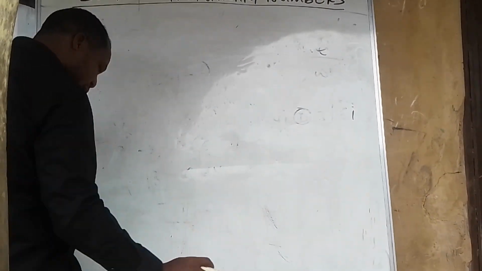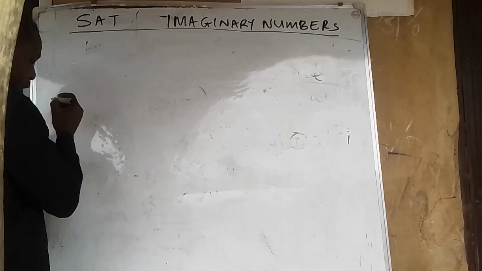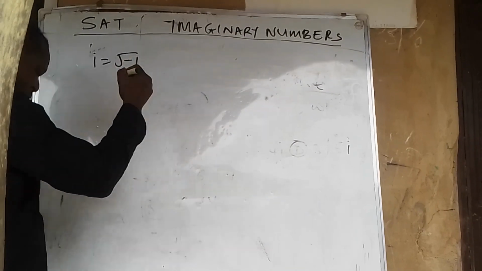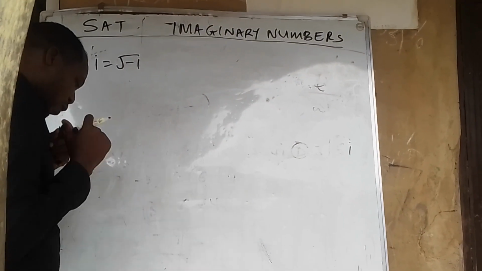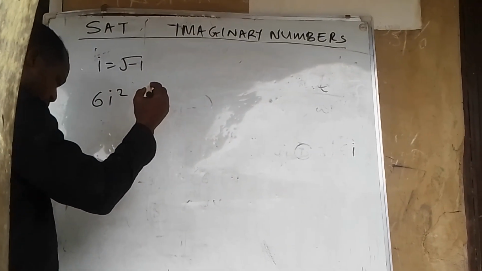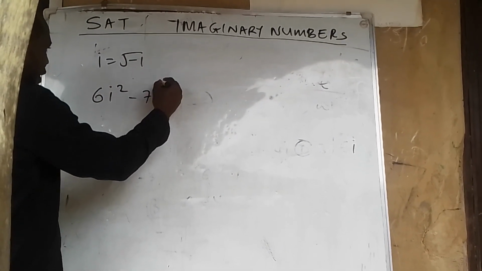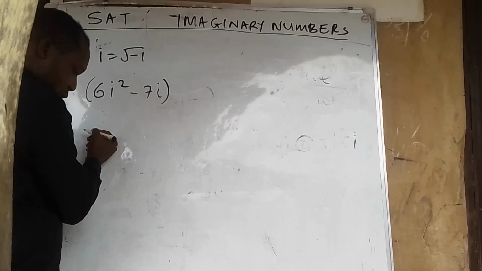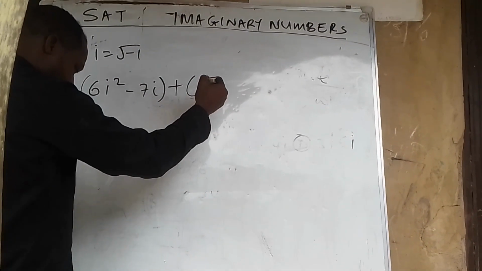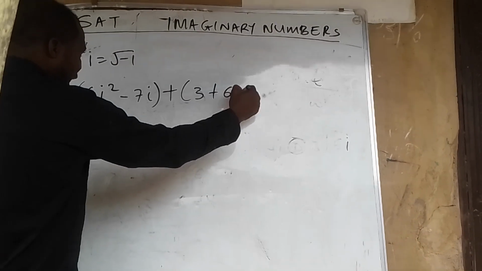The question is, given that i is equal to root minus 1, which of the following is equivalent to (6i squared minus 7i) plus (3 plus 6i)?